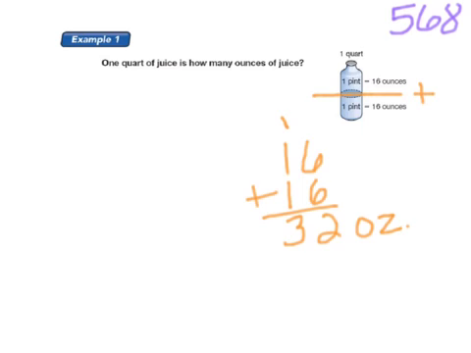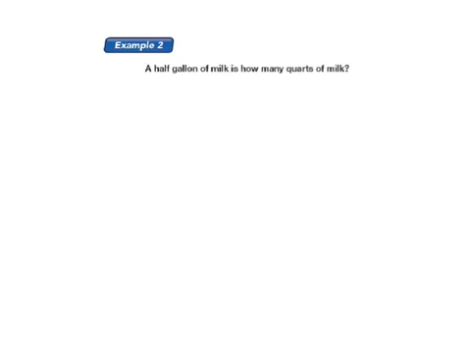Example 2, a half gallon of milk is how many quarts of milk. I find it easiest to think back to my gallon man. So I'm going to draw a gallon man really fast. Okay, so here's my gallon.